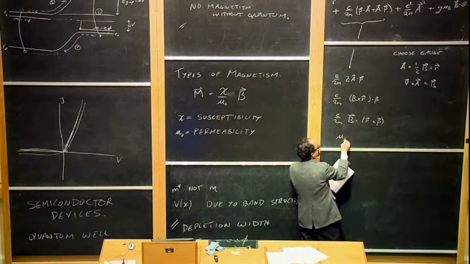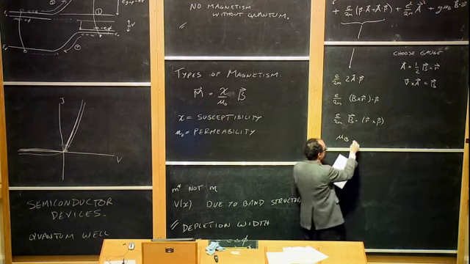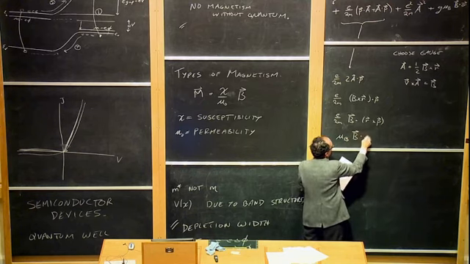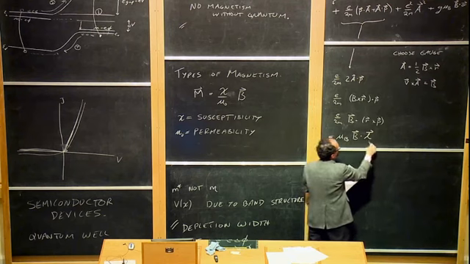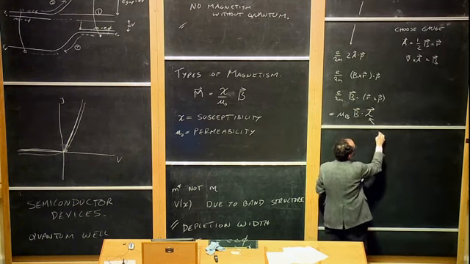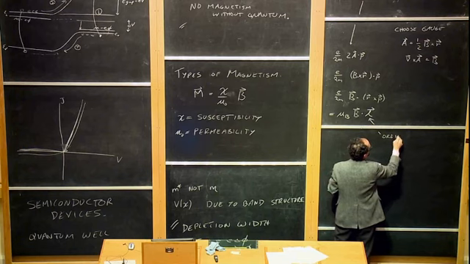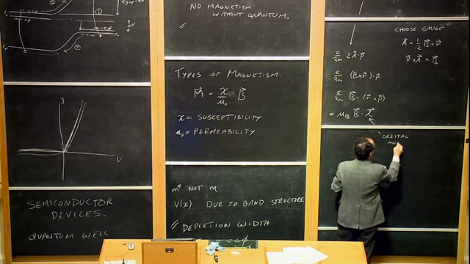So we get mu B, B dot L, where L is the orbital angular momentum.